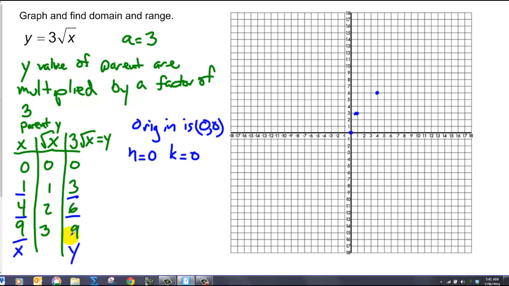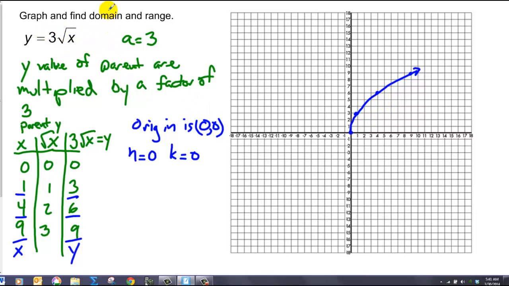Go over 9 and up 9. And here's my new graph, and you'll see that it looks similar to a square root. It's curved, but it's rising much quicker. And we can plug in any of these points to this function here and ensure that they actually work.